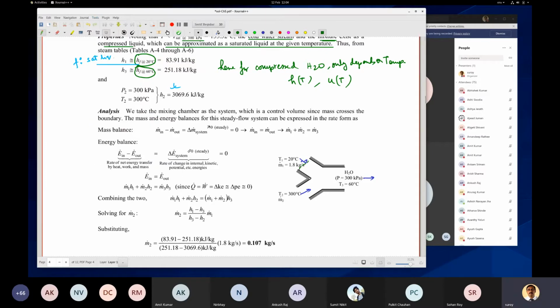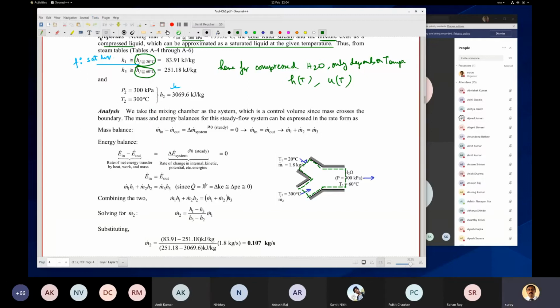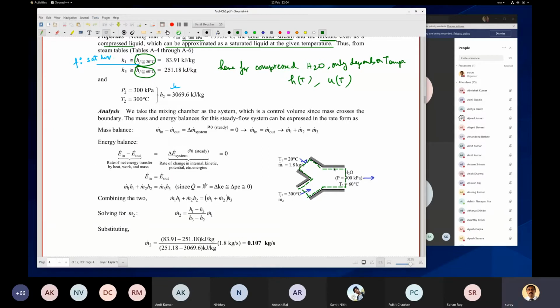So you know what is coming in at two places, the energy associated with the steam and water coming in.